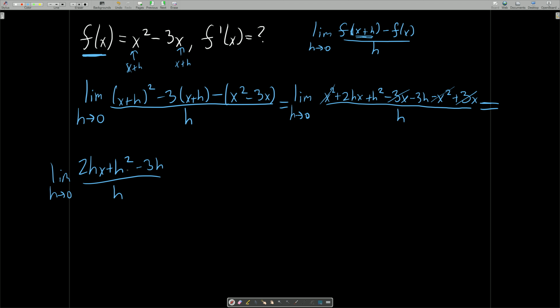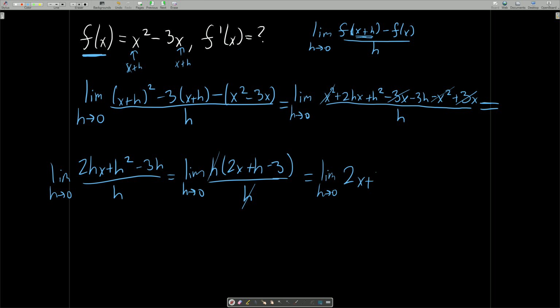Notice that all of these top terms have an h in them. So we can factor out the h. So 2hx over h is just 2x plus, factor out the h from h squared, it's just h, minus 3 over h. And the h on the top and the bottom cancel out.